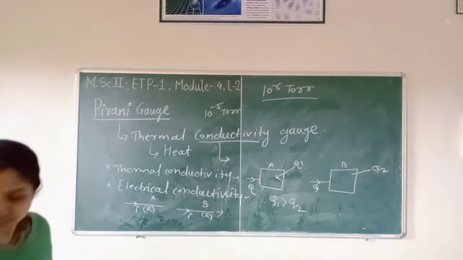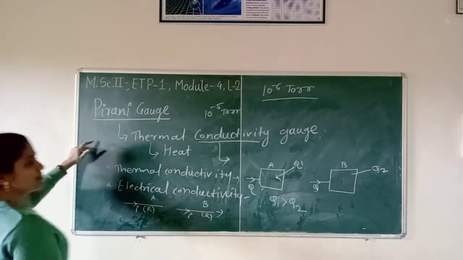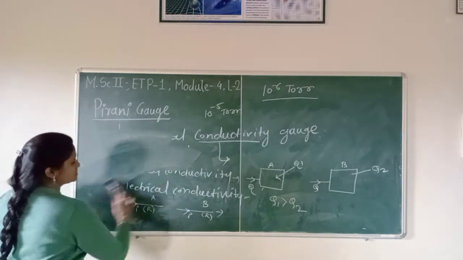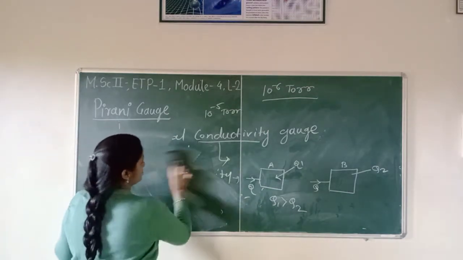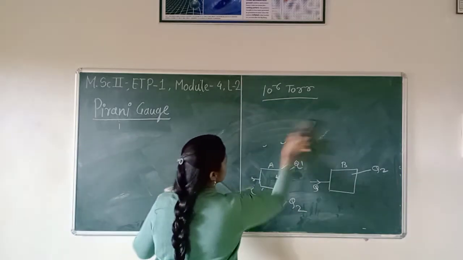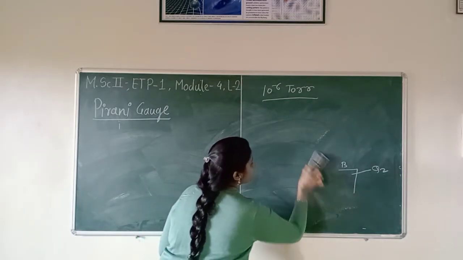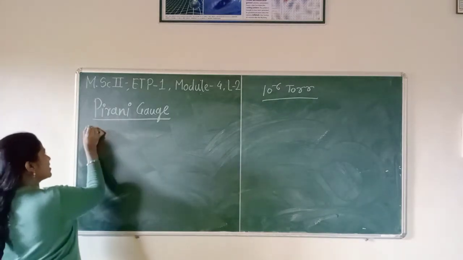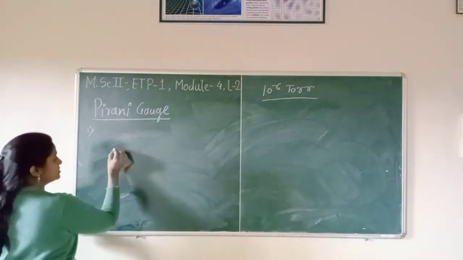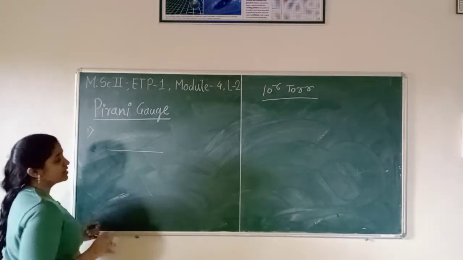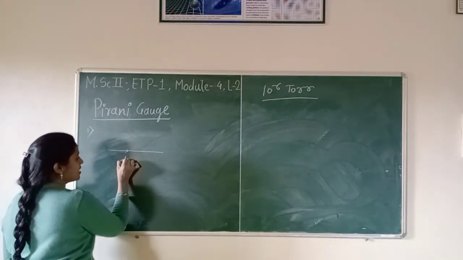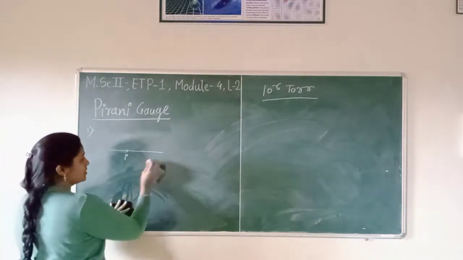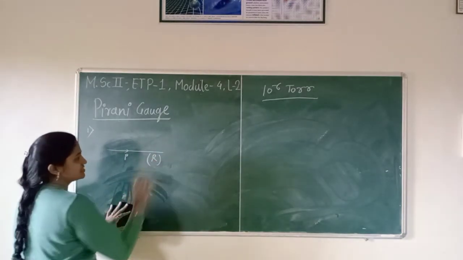Now see here, for the thermal conductivity there are three cases. Now see here, how actually thermal conduction is happening. First, consider this is a wire, and I amount of current is passing through that wire, and R is the resistance of this wire.